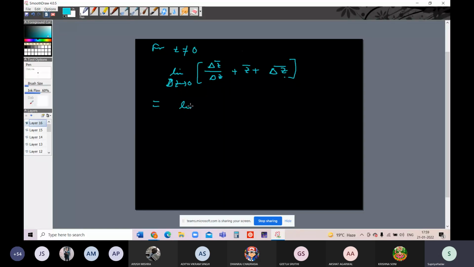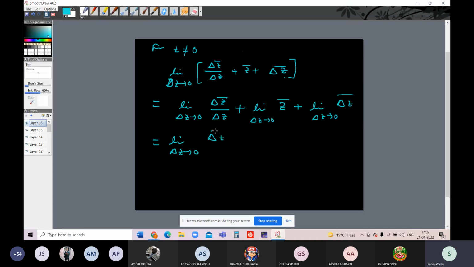So this will give you limit delta z tends to 0 of z delta z bar upon delta z, plus limit delta z tends to 0 of z bar, plus limit delta z tends to 0 of delta z bar. This last limit will obviously be 0, so it is z bar plus the limit delta z tends to 0 of z delta z bar upon delta z.